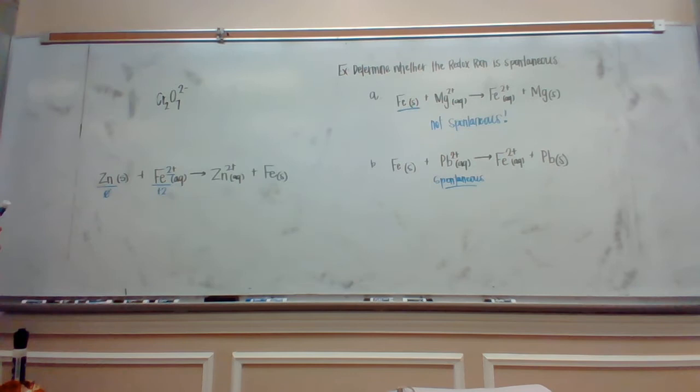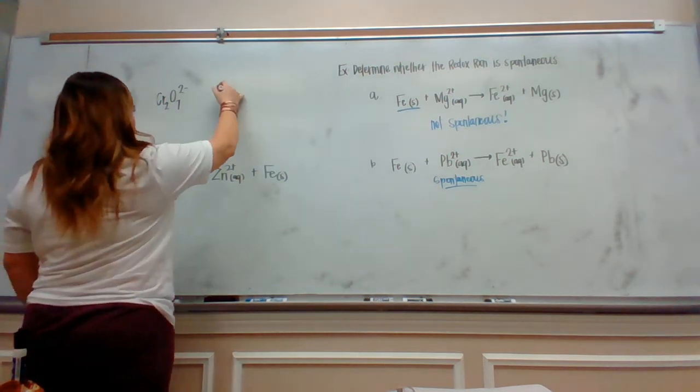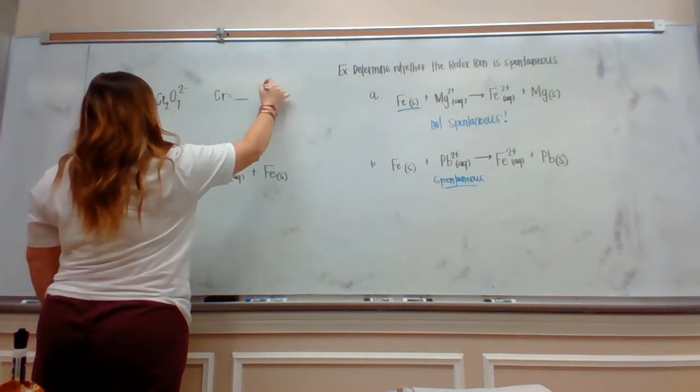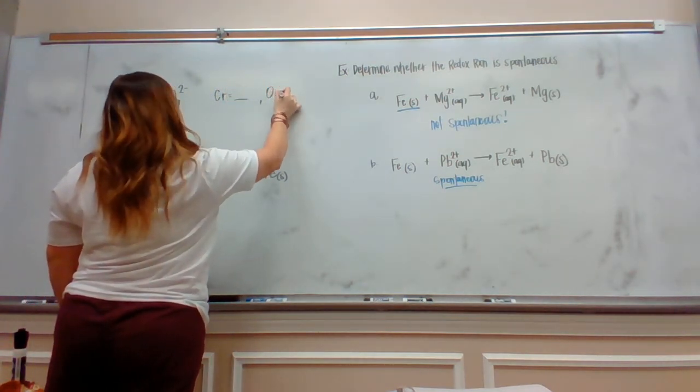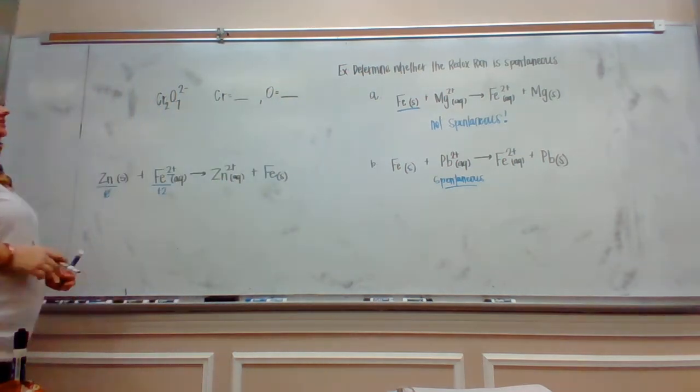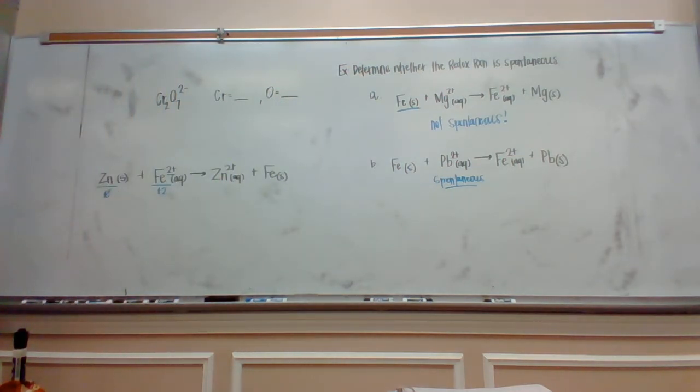Okay, let's look at the oxidation states of Cr and oxygen. Alright, so there's not a rule for Cr or any of the transition metals. So we just go straight to oxygen.